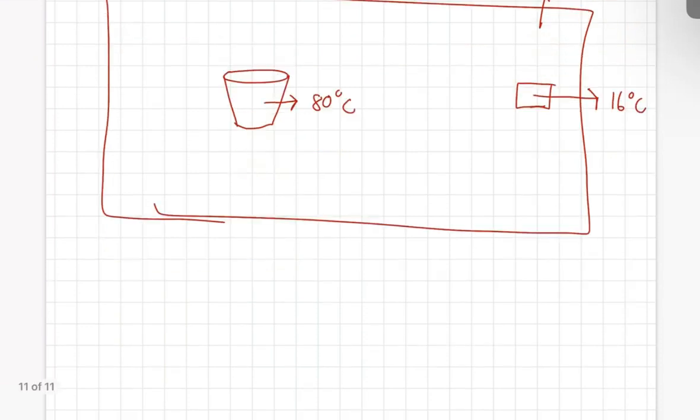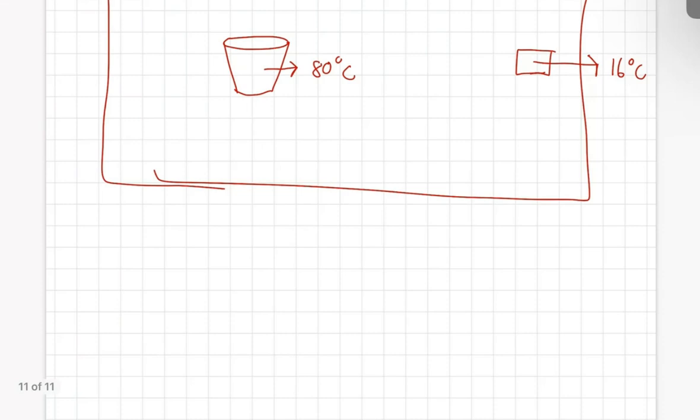So first, let's discuss what Newton said. Newton said that the rate at which the body temperature changes is proportional to the difference between the temperature of the body and the temperature of the surrounding. When we say rate, it means dT over dt, where capital T is the temperature of the body.